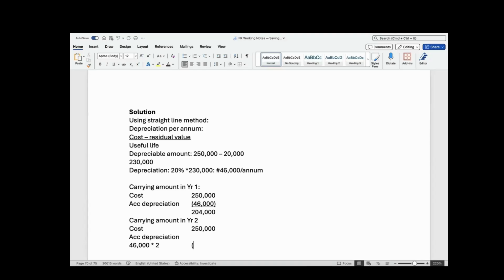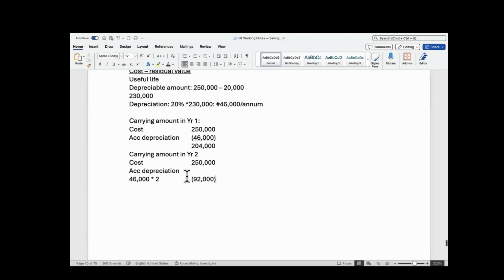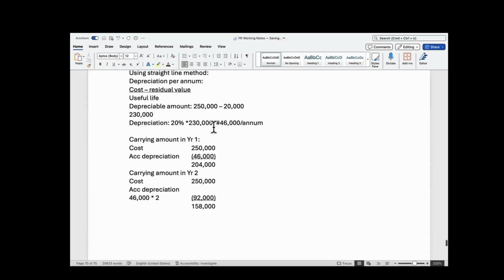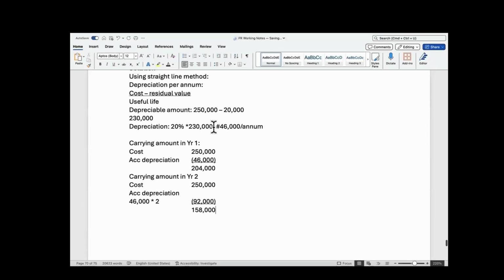That's 92,000. Confirm if I'm correct. Then if I take 92,000 away from 250,000, I should be looking at 158,000. Confirm if I'm correct with those figures. And I can continue.